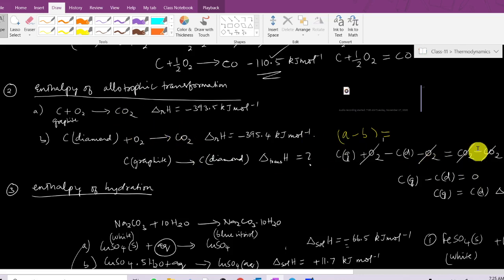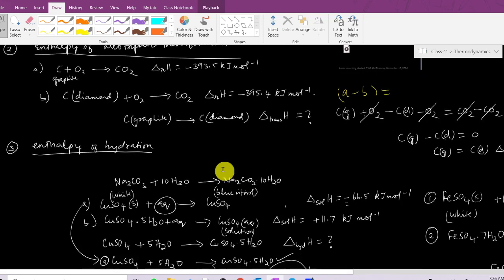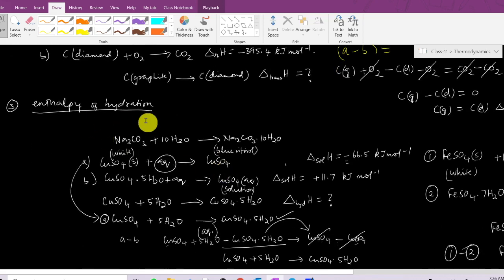So these two will get cancelled, O2 will get cancelled, and C graphite minus C diamond equals 0. You push this to the other side and you get C graphite giving C diamond. That is the equation you will get. So if you subtract these values, you will get the enthalpy of allotropic transformation for graphite to diamond.